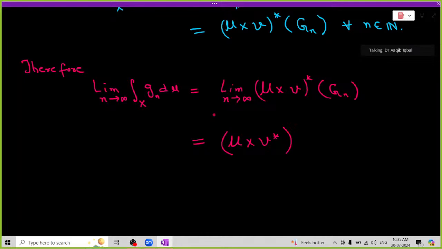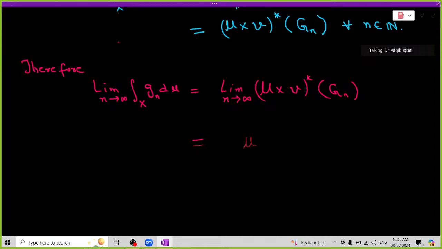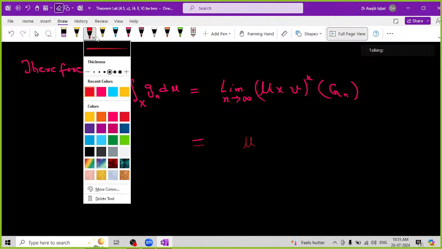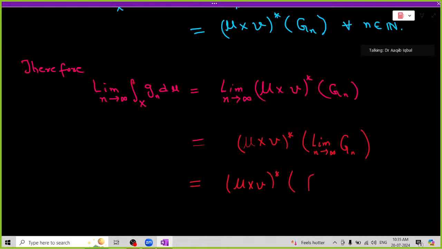By the inner limiting theorem this is equal to mu cross nu star of the limit as n goes to infinity of Gn, sorry, I am writing this a bit wrong. This is equal to mu cross nu star of the limit of Gn, and the limit of the Gn's is actually the intersection of Gn, n running from 1 to infinity.